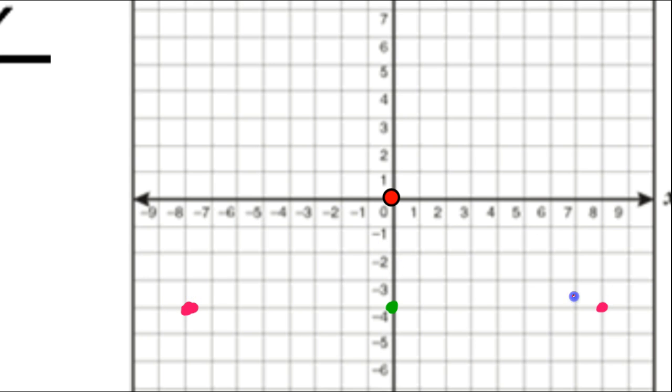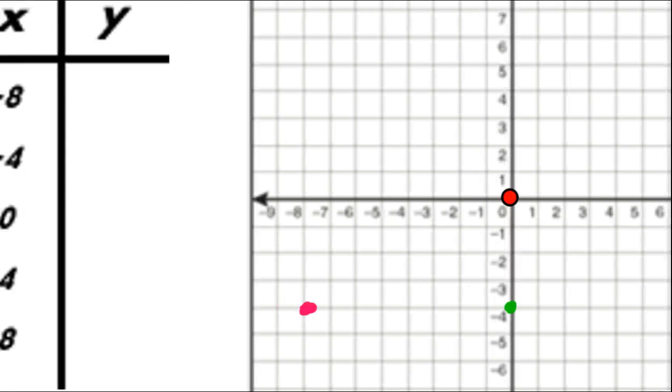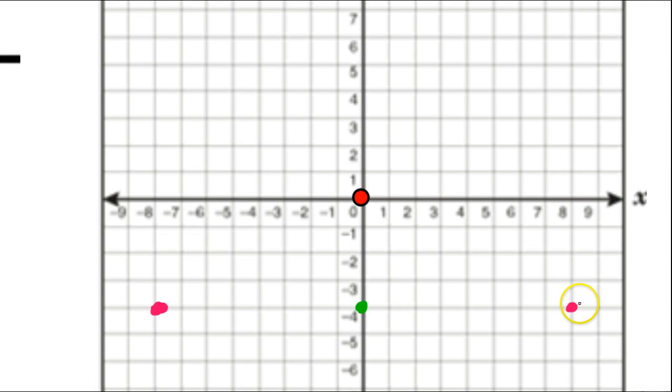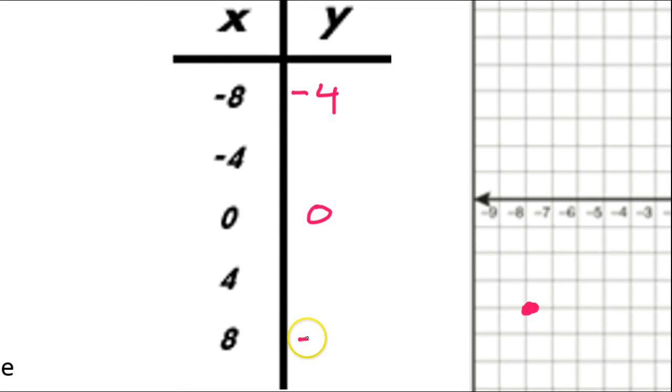Okay, so I can really see where it's going to be going. So let's see. We have 0, 0. We have at negative 8, it's negative 8, negative 4. And positive 8 is also at negative 4. So they've got these other points in here.